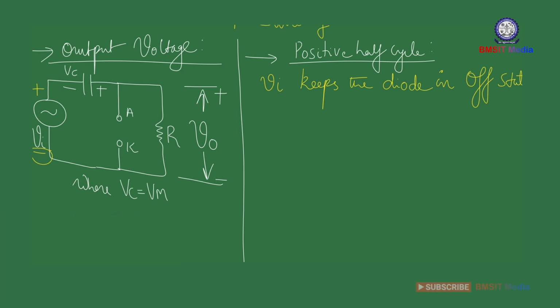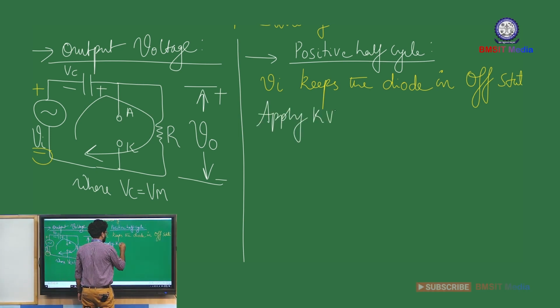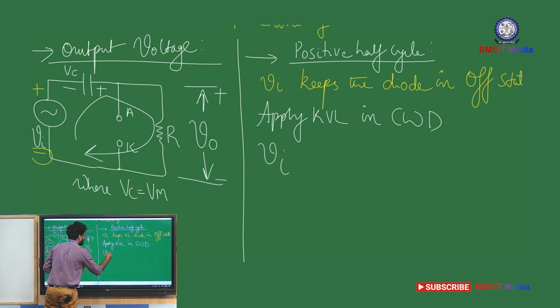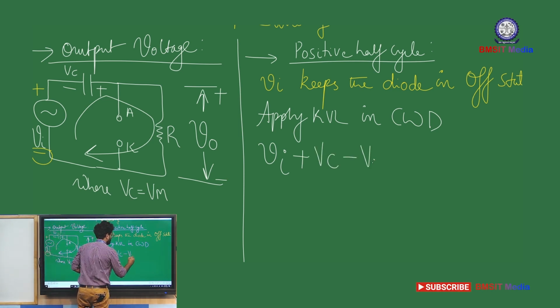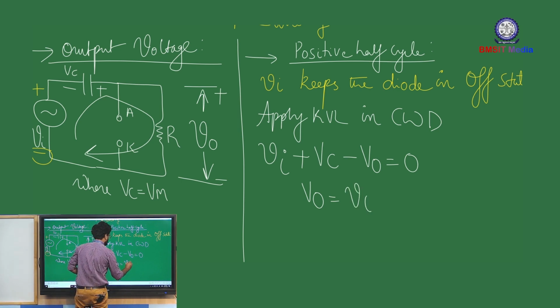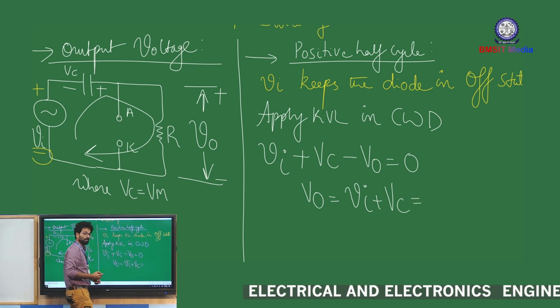And now you can apply KVL in the clockwise direction. So minus to plus Vi, and then minus to plus Vc, and then plus to minus V0 is equal to 0. So output voltage V0 is equal to input voltage Vi plus Vc.